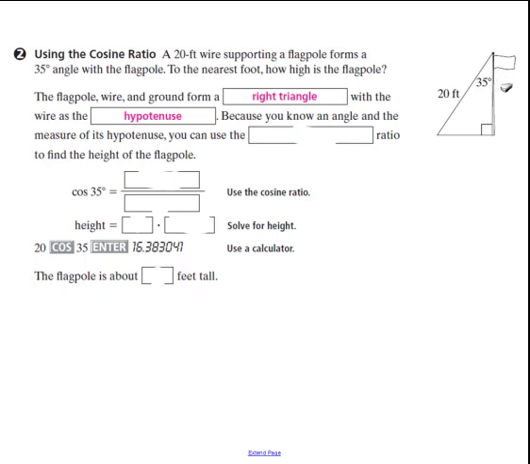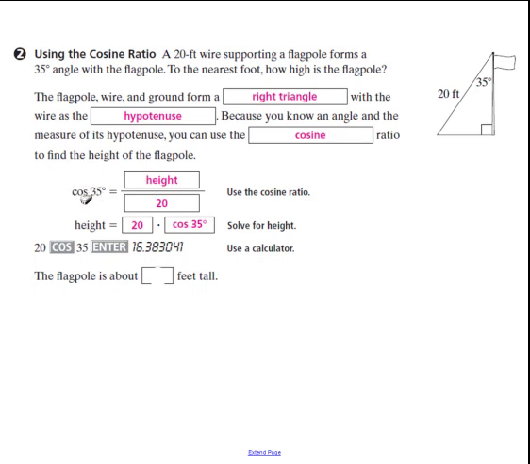So we're going to use adjacent and hypotenuse, which is cosine, right? So cosine of 35 degrees is going to be the height of the flagpole over the hypotenuse, 20. So from there, we want to solve for height, so we'll multiply by 20. And just be careful, you cannot multiply 20 by 35 and then take the cosine, right?